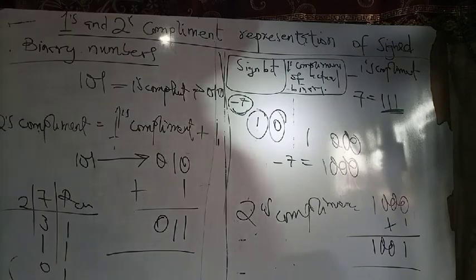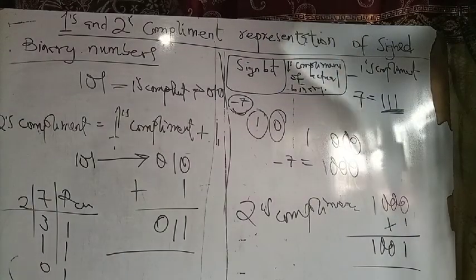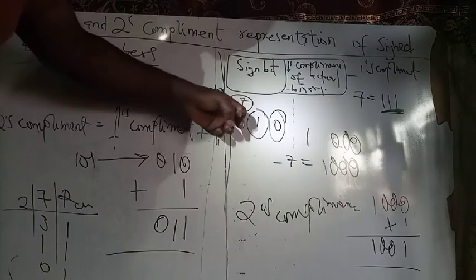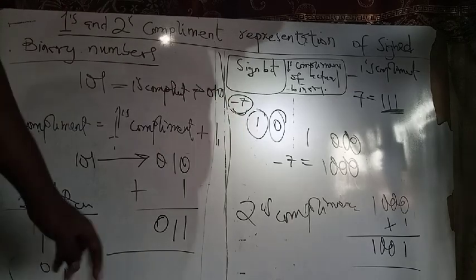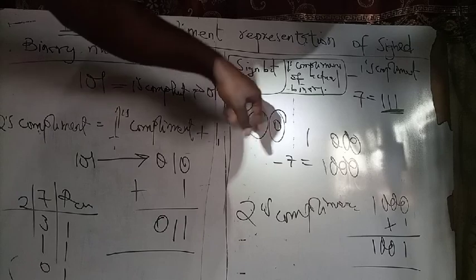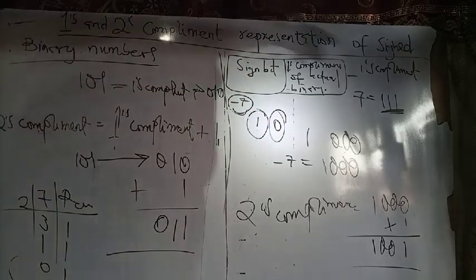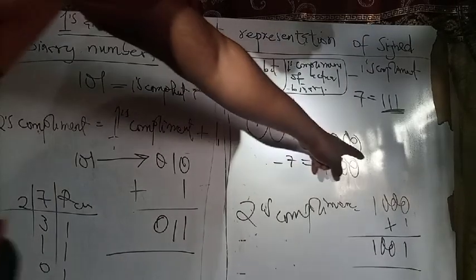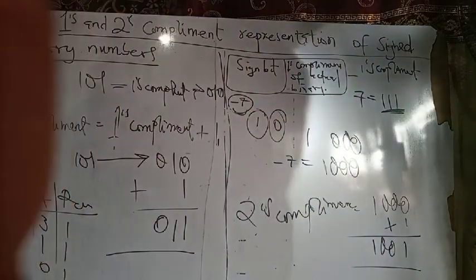So this is my final answer, putting this -7, or manipulating this -7, and representing it as a signed binary number.